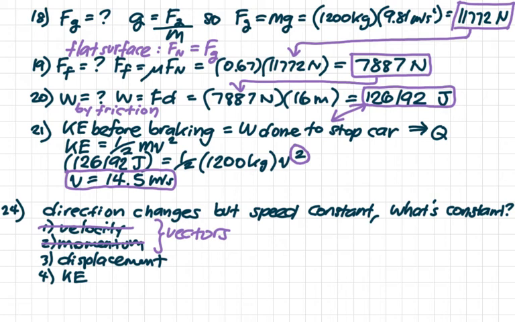However, we are actually moving. So if we're moving, you're going to have a displacement. So displacement is not constant. But kinetic energy is a scalar that depends on mass and speed. So if the speed is constant and the mass is constant, what else is constant? The kinetic energy, choice 4.